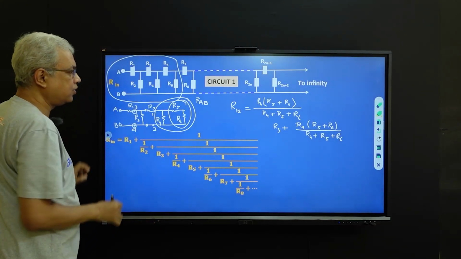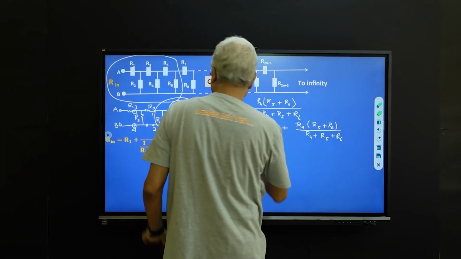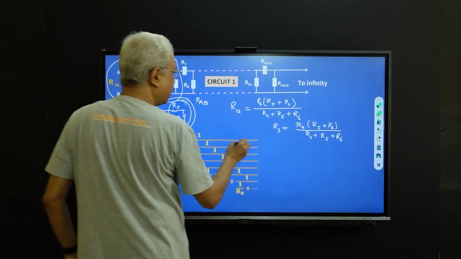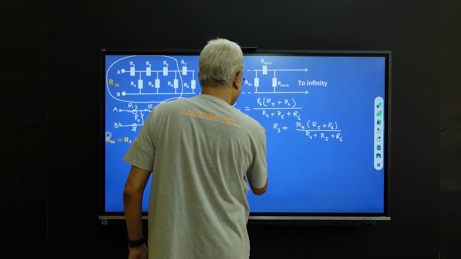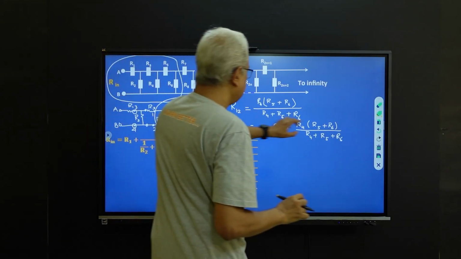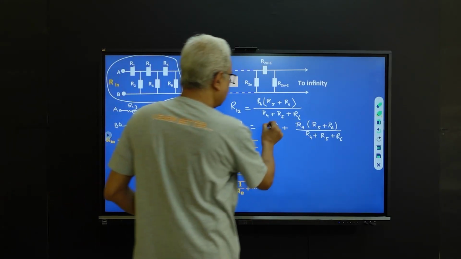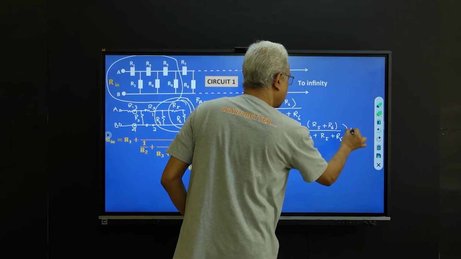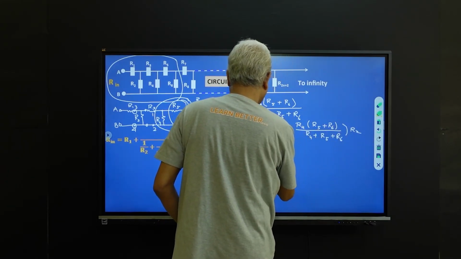Then it is in parallel with R2. So the resistance between 3, 4 will be this resistance in parallel with R2. So this multiplied by R2 divided by the sum.